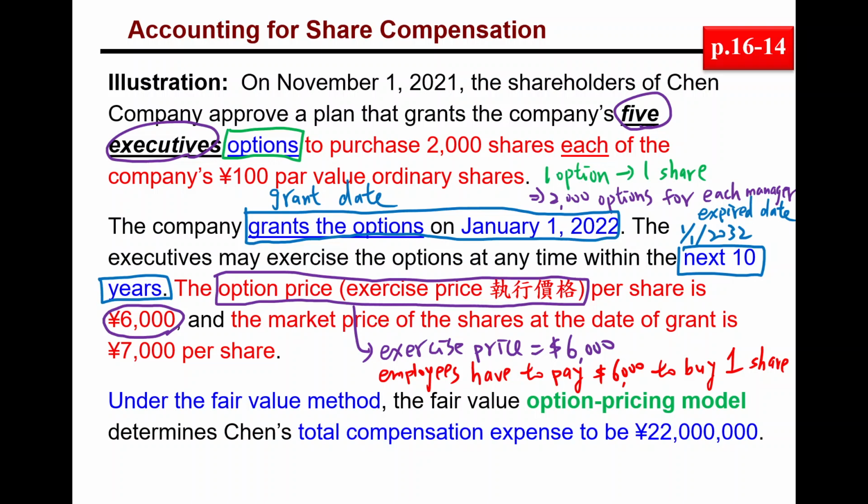But usually this number will be given to you, because how to get the number is a finance job, not an accounting job. So here it says total compensation expense should be $22 million. This is the cost for the total options you give to employees.